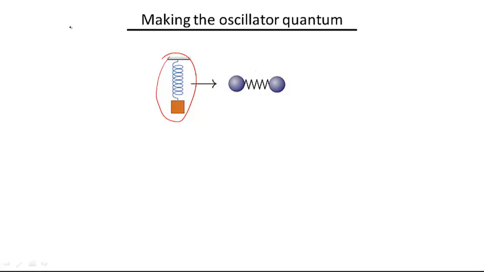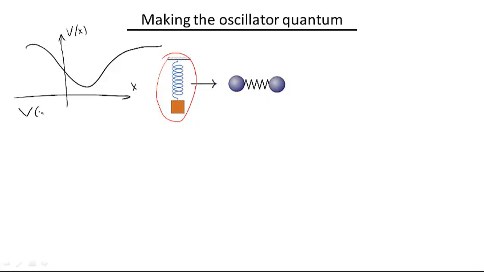So for instance, if we're talking about the behavior of a quantum particle in a rather arbitrary potential V of x, so let's say something like this. If we are interested in low energy behavior of the particles and we're near the minimum of the potential, we can always expand the potential V of x near the minimum. So it's going to be V of x naught, this point, plus V prime of x naught times (x minus x naught), and this is 0 because this is the minimum, plus the second derivative over 2 times (x minus x naught) squared.